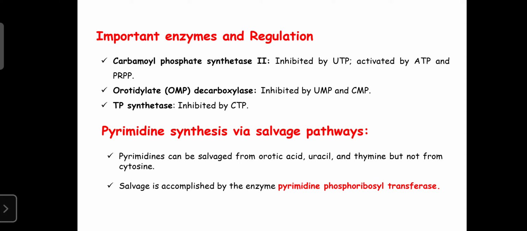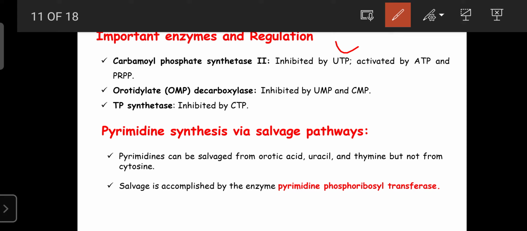They are involved in regulating the de novo synthesis of the pyrimidine bases. Carbamoyl phosphate synthetase is inhibited by UTP and activated by ATP as well as PRPP. If the concentration of UTP is high, then automatically the de novo synthesis of the pyrimidine bases is stopped or inhibited.